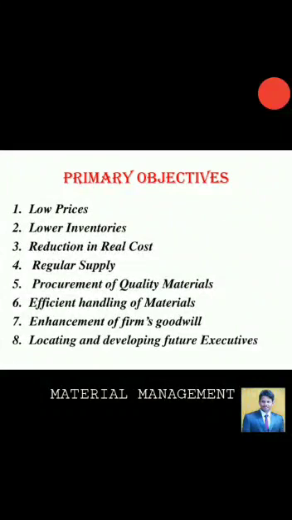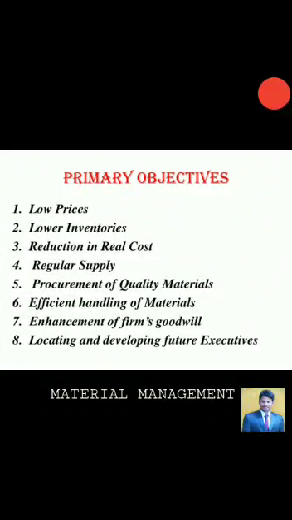Inventory is a complete list of items such as property or goods in stock. Here, the materials we have studied already, the raw materials and even the product materials, will be there.